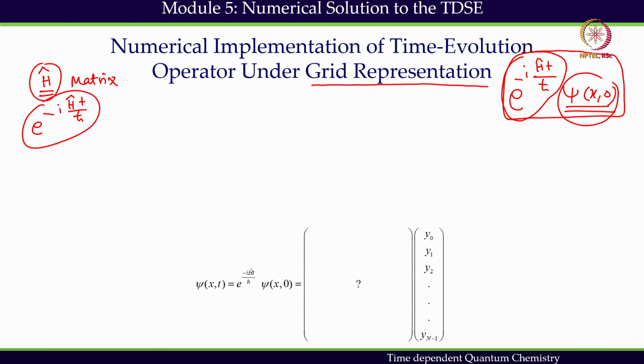Almost all currently prevailing numerical methods used to solve the TDSE make use of the grid representation of a continuous wave function. Grid representation means that the problem domain, which is the position space, is divided into uniform grids.